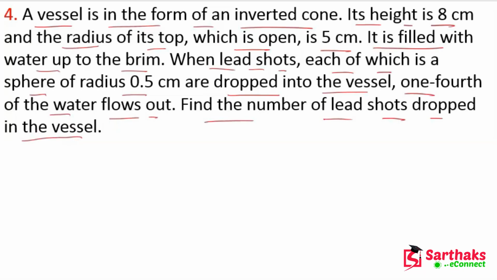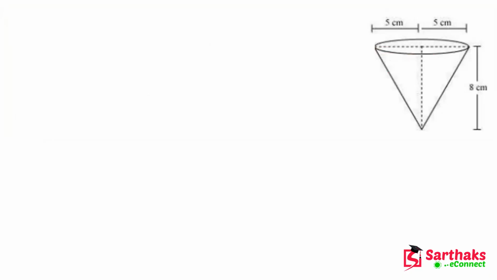My dear friends, this question states that we have an inverted cone, the height is 8 centimeter and the radius is 5 centimeter, which is open from the top. It is filled with water up to the brim, meaning up to the full length, up to the upper part.